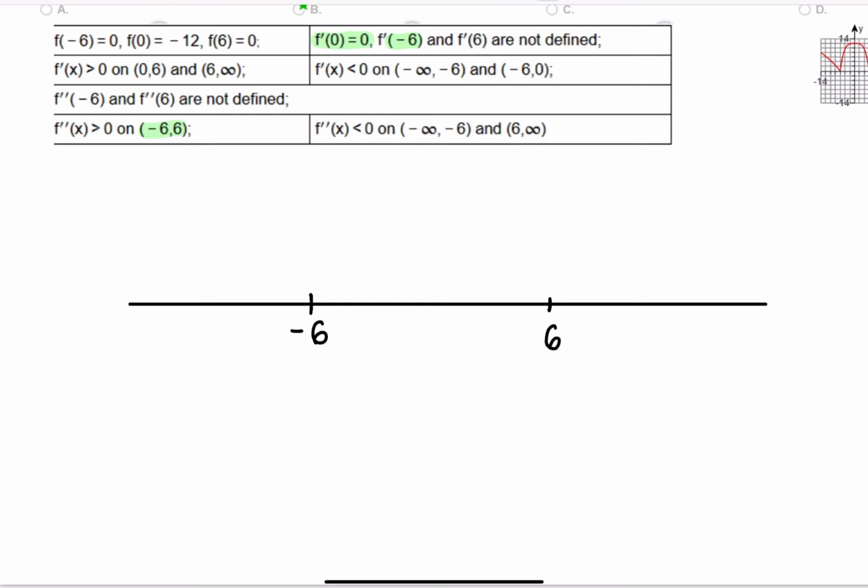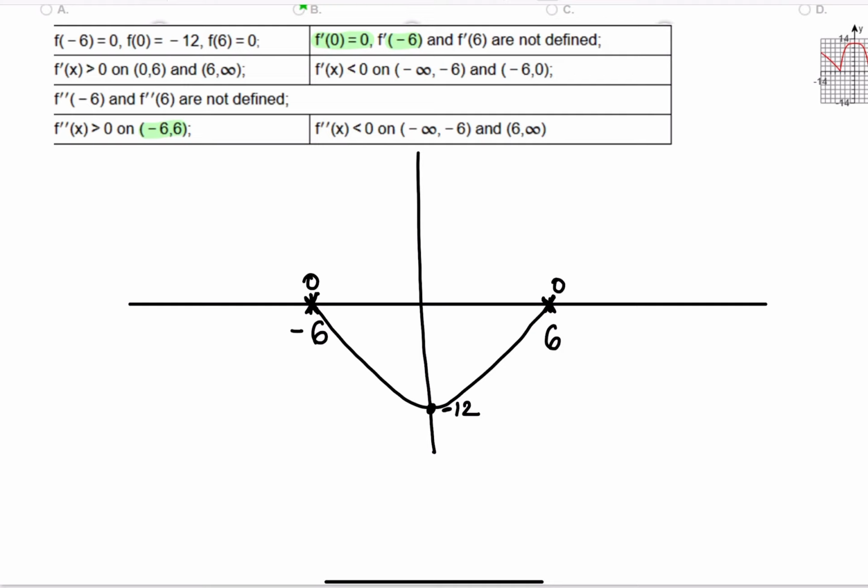I also have the function value. So if I graph this function, f of -6 is 0. Very good. f of +6 is 0, and f of 0 is -12. So this is a 0, this is a 0, -12. The graph has to join these two, because that's how it's going to be.